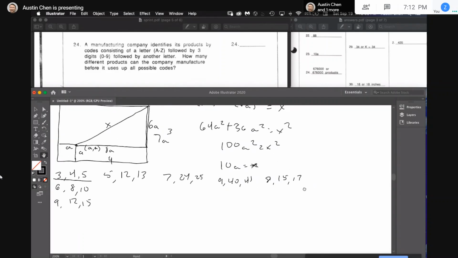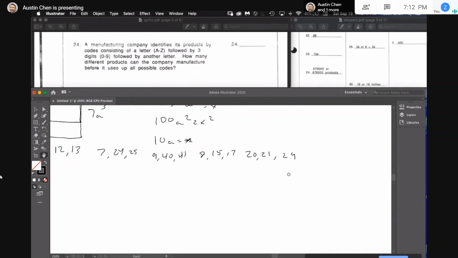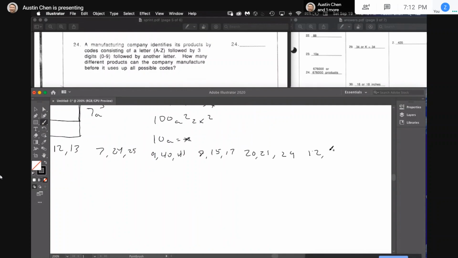I think that's really all the lower ones. There's also 20, 21, 29, but I highly doubt 20, 21, 29 will show up.